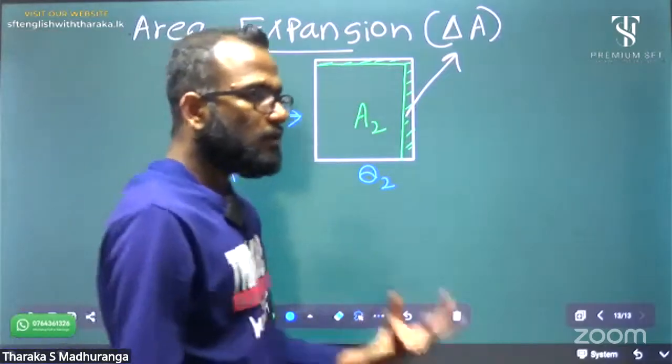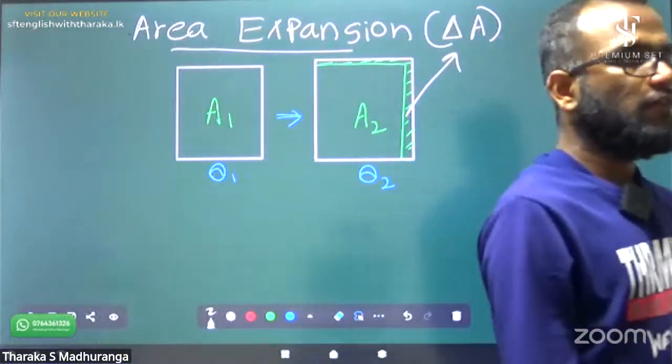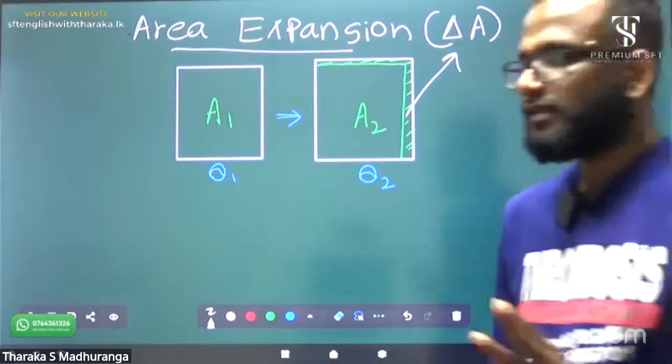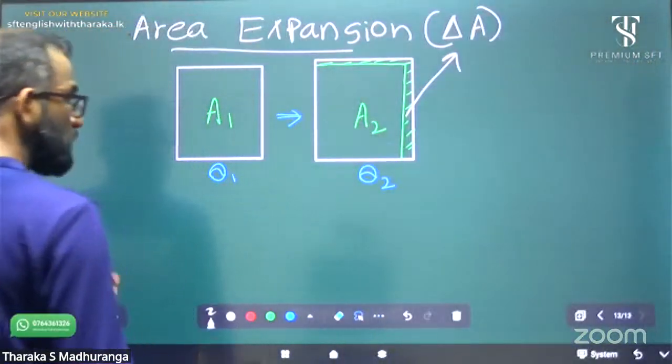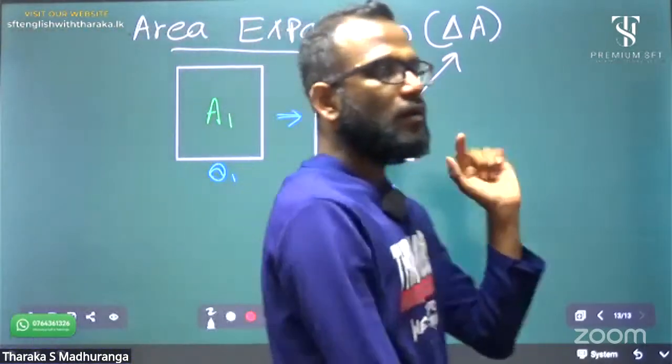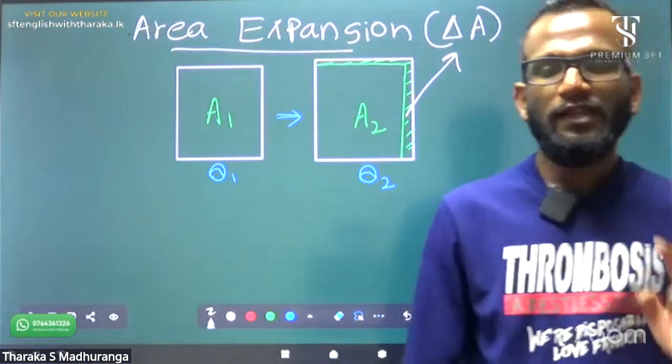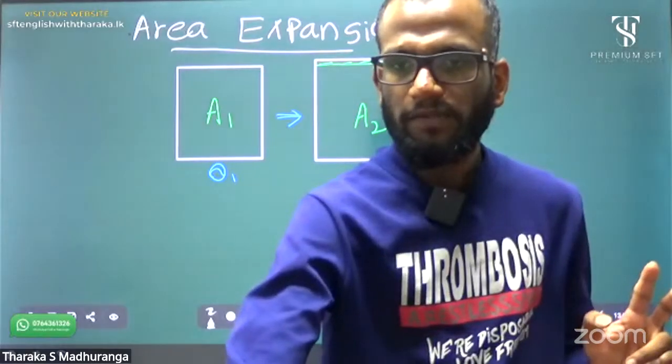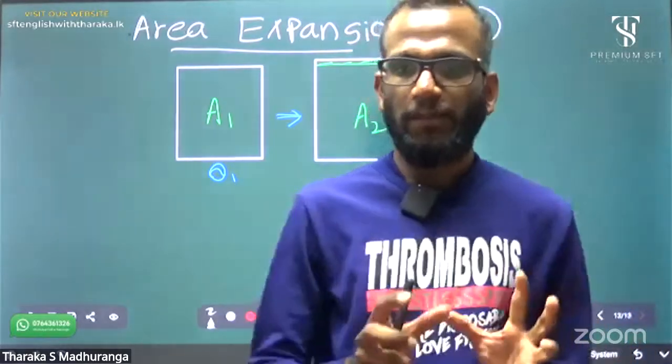For area expansion also, we have three main factors affecting it. What are the factors? Initial area, temperature difference and material type. Same as linear expansion, very simple.